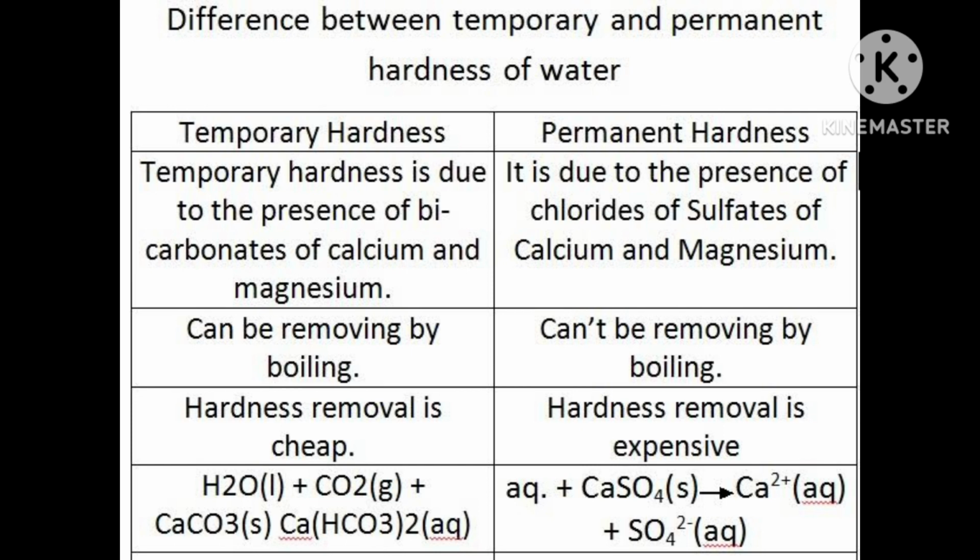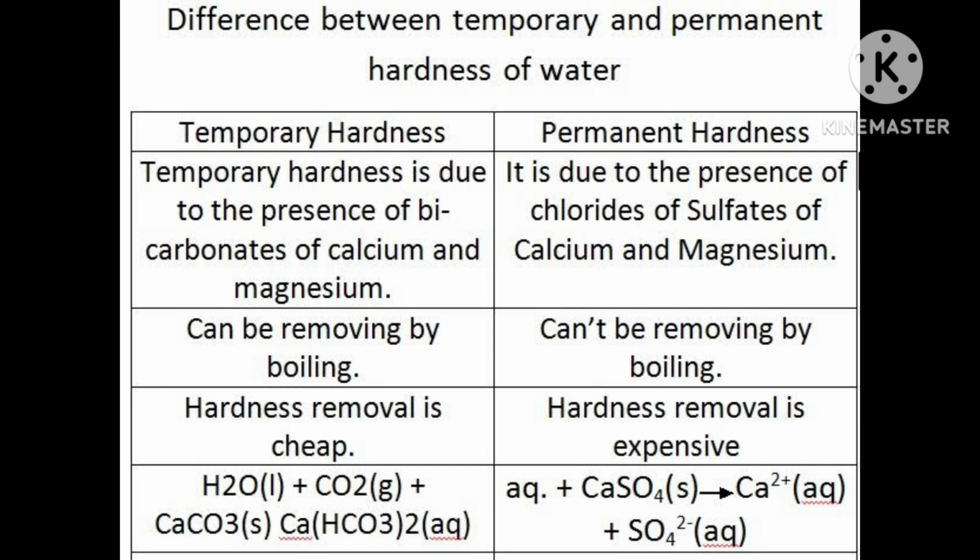Now you have calculated permanent hardness. Due to chloride it was 30 milligram and due to sulfate it is 15 milligram. What will be the total permanent hardness? You add 30 milligram plus 15 milligram, total 45.